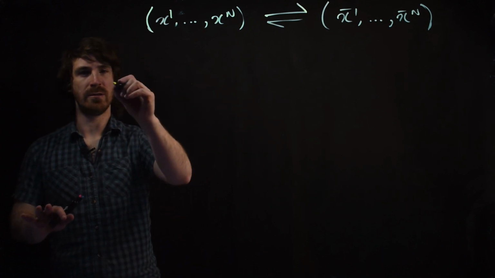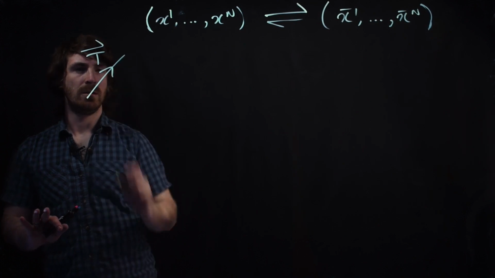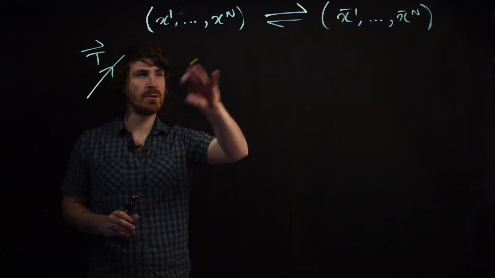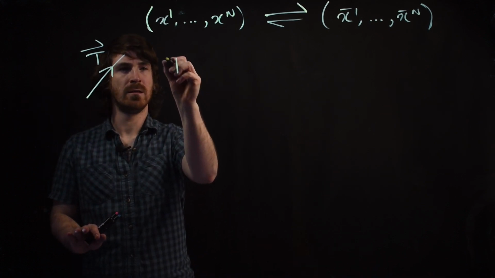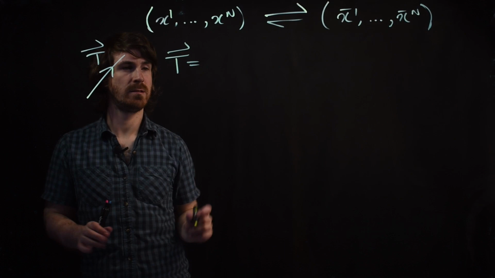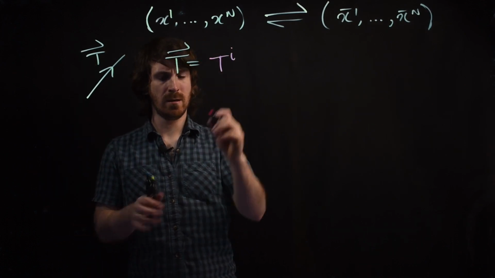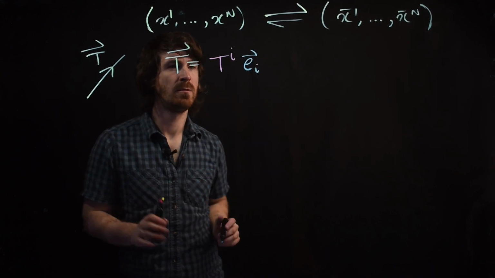Let's think about a general vector T, and how its components transform between the coordinate systems. We know that we can write the vector T as a sum of components t i and basis vectors e i.